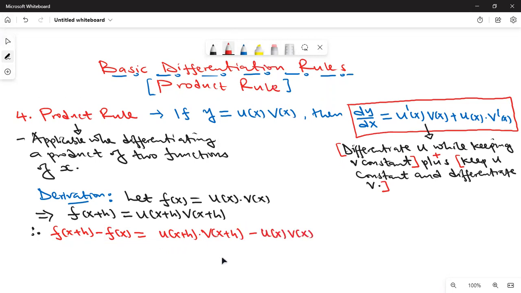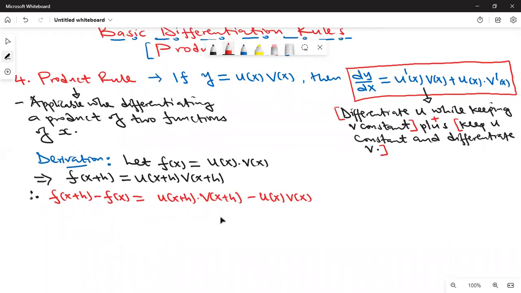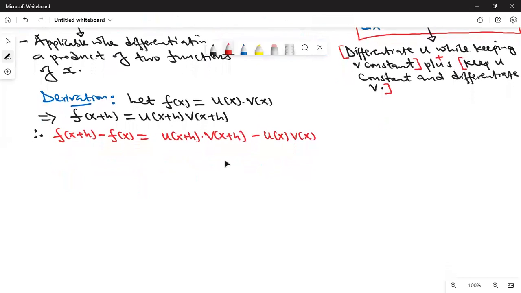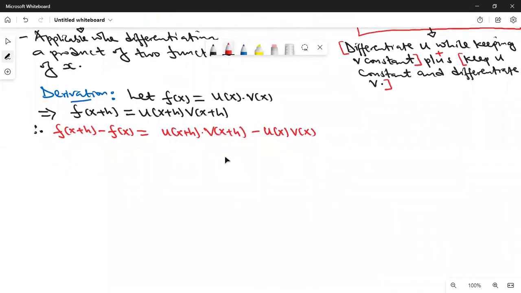Now, what I'm going to do here is to add and subtract a certain function, which we are calling u of x times v of x plus h. So this can as well be written as u of x plus h times v of x plus h.